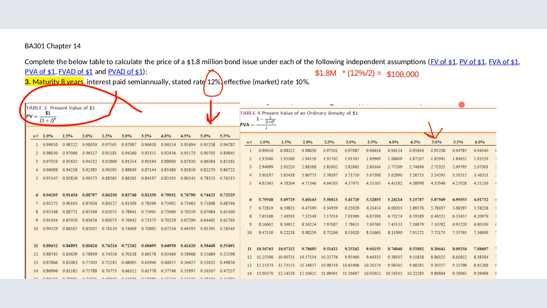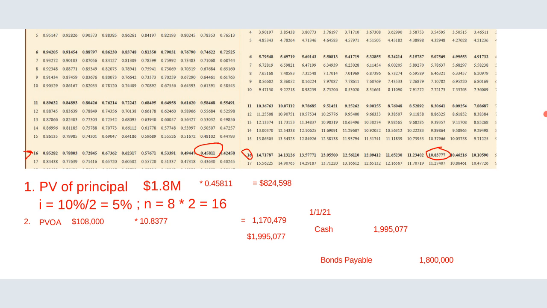When the stated rate is greater than market, we're going to have a premium. So yes, we have a premium. So credit premium on bonds payable for the difference, which is 195,077, if my math is right. Yay, we did it. All right, so that's that.